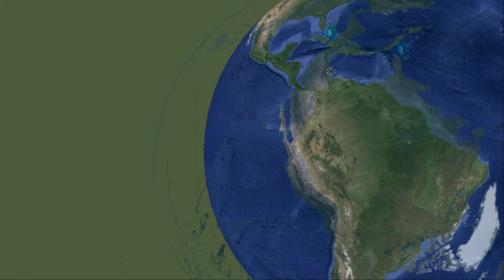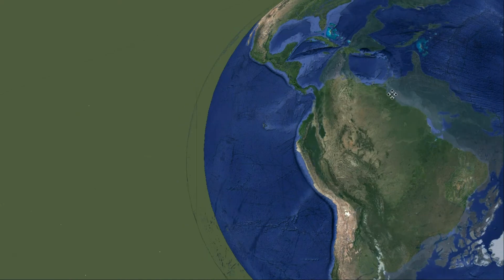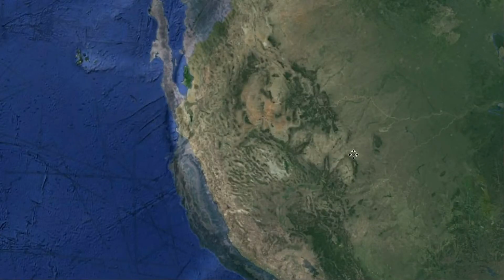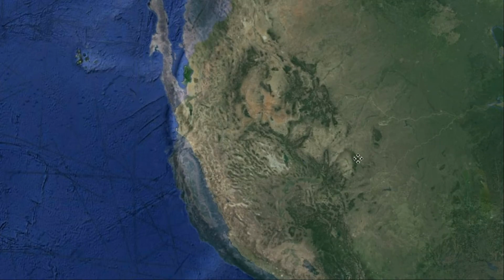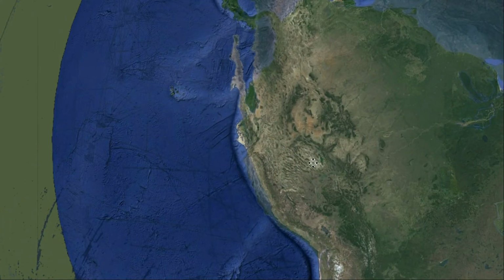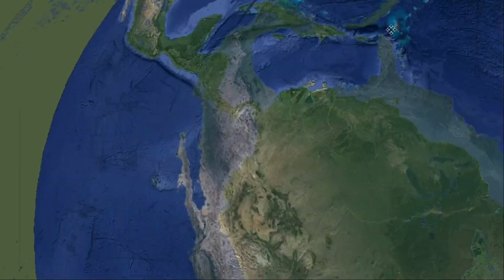I'm going to try and look at, you can see how Yellowstone Park has the Amazon River basically pointing right at it. Well, I think this spins up. Look at Florida.